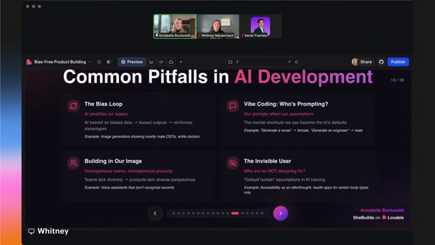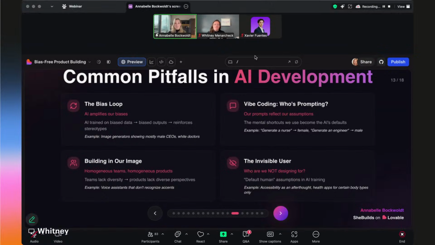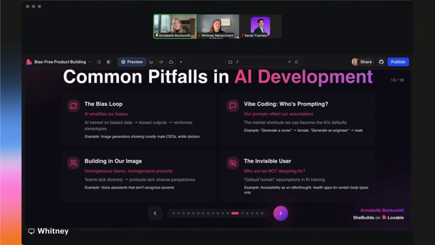Also, if we build in our own image, if you have homogeneous groups for product development, you will also get a very narrow perspective on what the product should look like. And that's why it's very important that you always try to have diverse perspectives and diverse teams. Doing the user interview can be helpful, but it's much more helpful to have someone in the decision-making in the product team, not just as a person being interviewed as a potential user.